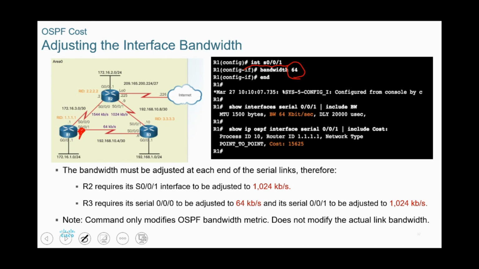Okay, so once you adjust it to 64 kilobit per second, when you show the interface of your serial S0/0/1, the router will preview the bandwidth 64 kilobit per second, which is correct. It's exactly what you want. Okay, this is how you show the configuration. And then after that, you can show IP OSPF interface serial 0/0/1, then you will get the calculated cost to reach the destination. So this is how you check your configuration.